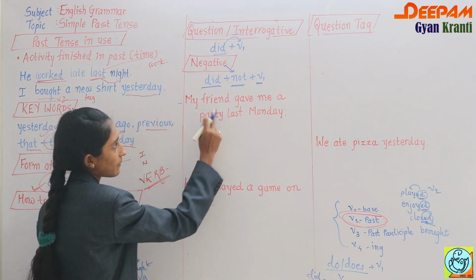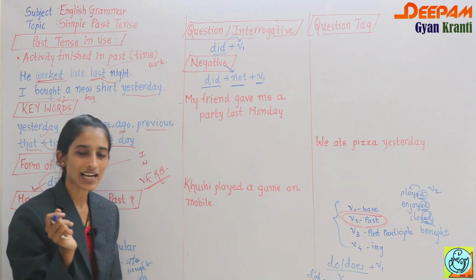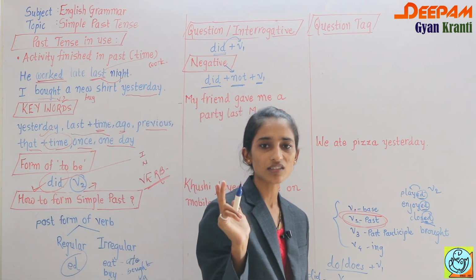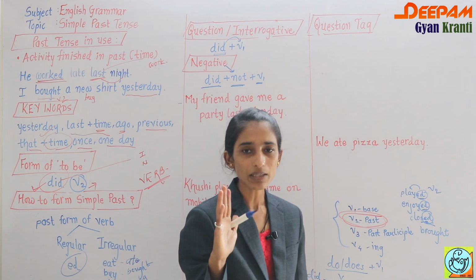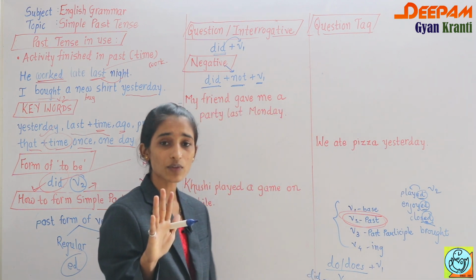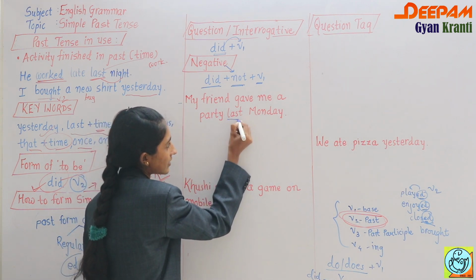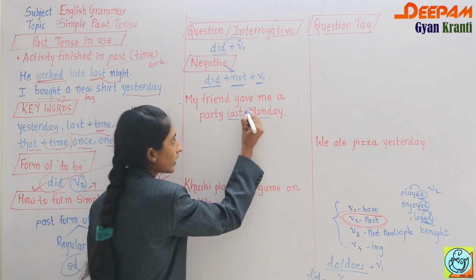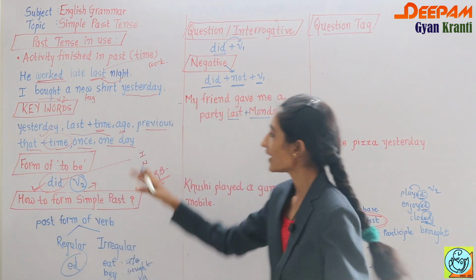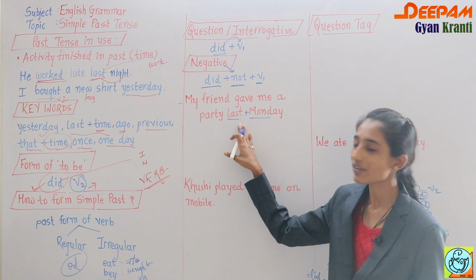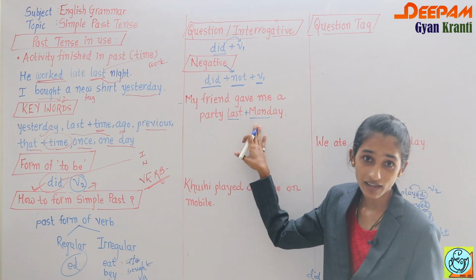The first sentence is: my friend gave me a party last Monday. With the help of the keywords we come to know that it's simple past tense. Which are the keywords? Yes, you are absolutely right. One is last and Monday, that is time. I already told you in keywords that last plus time indicates simple past tense. So here we have last plus time, that is Monday.